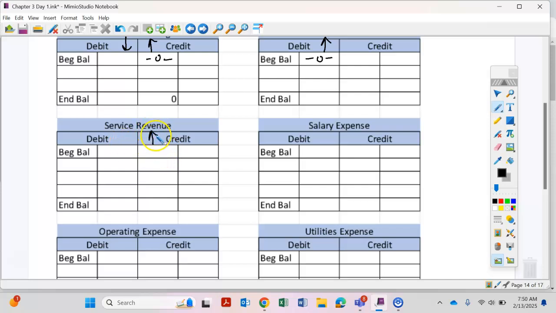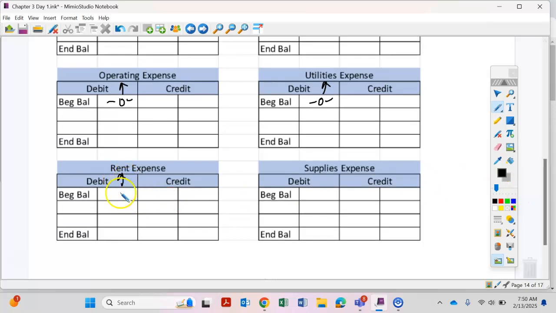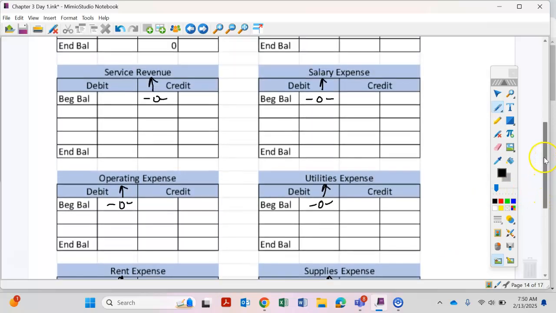Revenues go up with credits. Expenses go up with debits. So let's put all of those in. Okay, and so there we have. So we have all our expenses.